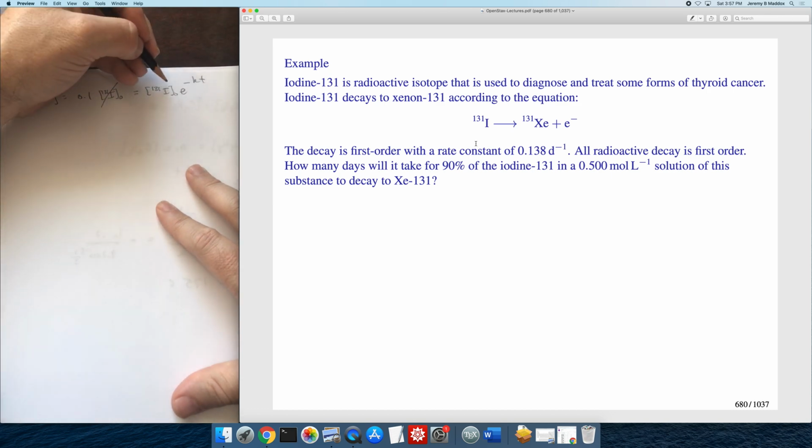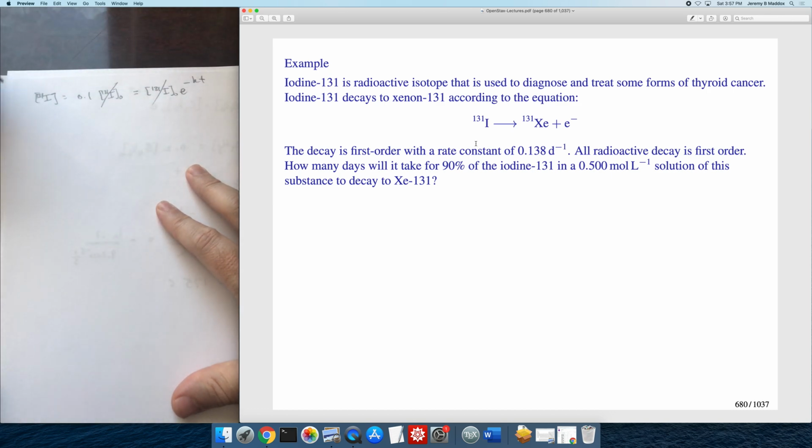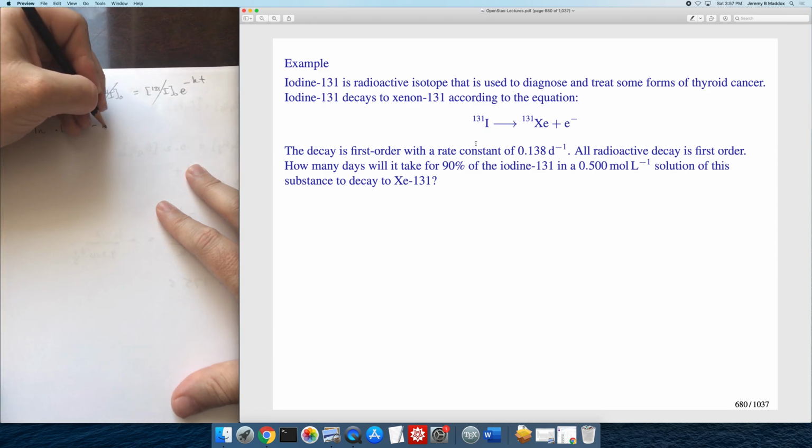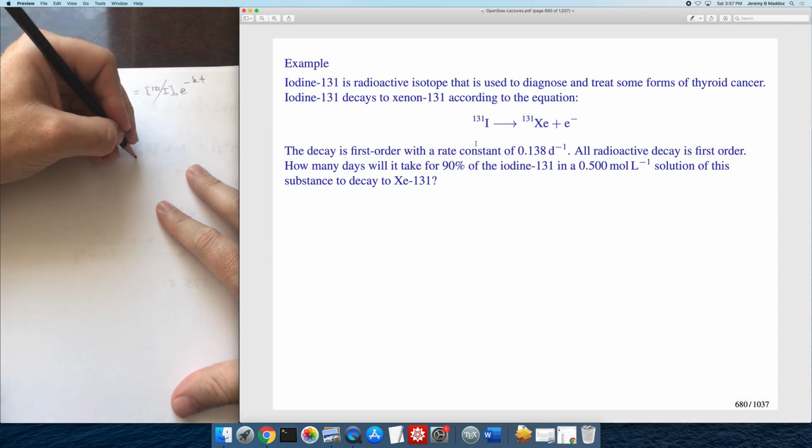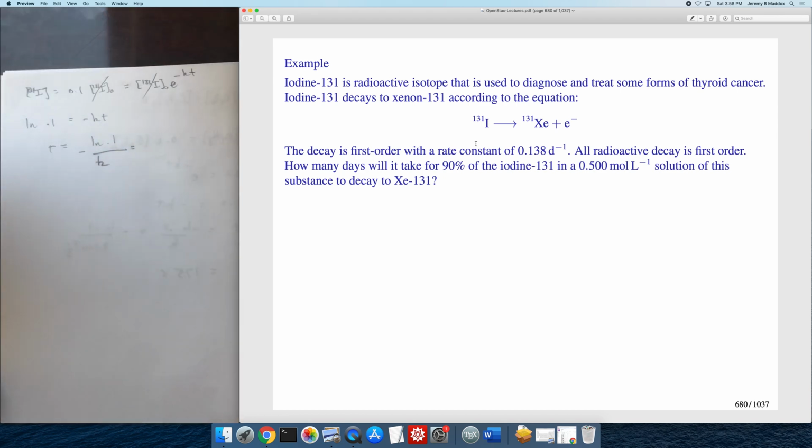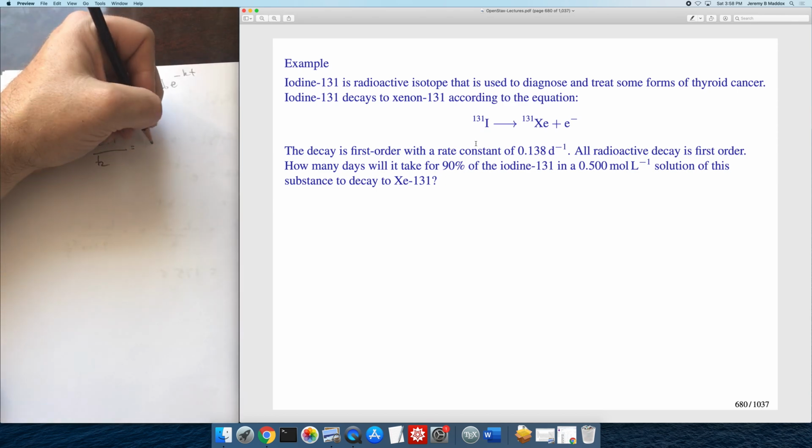So the initial concentrations cancel out. We take the natural log of both sides, solve for the time. I'll put the minus sign there, k there. Take 0.1 times the natural log, take the minus sign, divided by this rate constant of 0.138 reciprocal days, and it gives me 16.7 days.